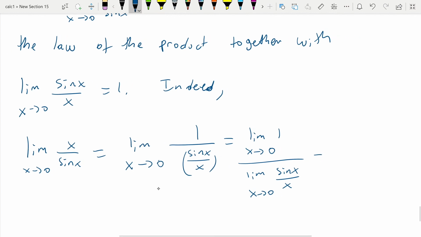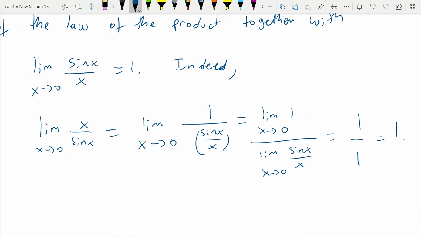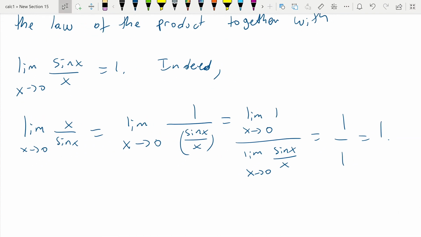The limit of 1 is just 1, and the limit on the bottom is 1 because of this limit here, which is known. At least now we know that holds. So this limit here, when you flip it, you get 1 as well. So when you flip sine of x and x, you get the same limit.